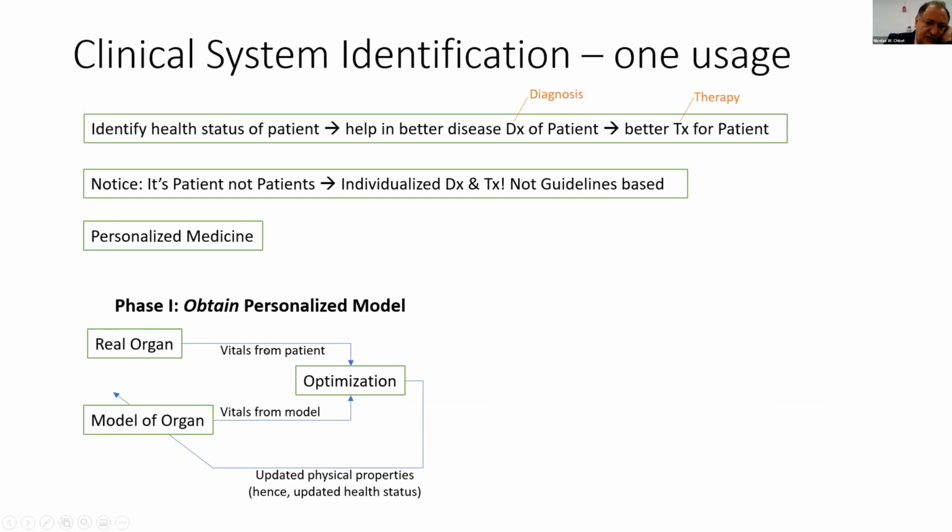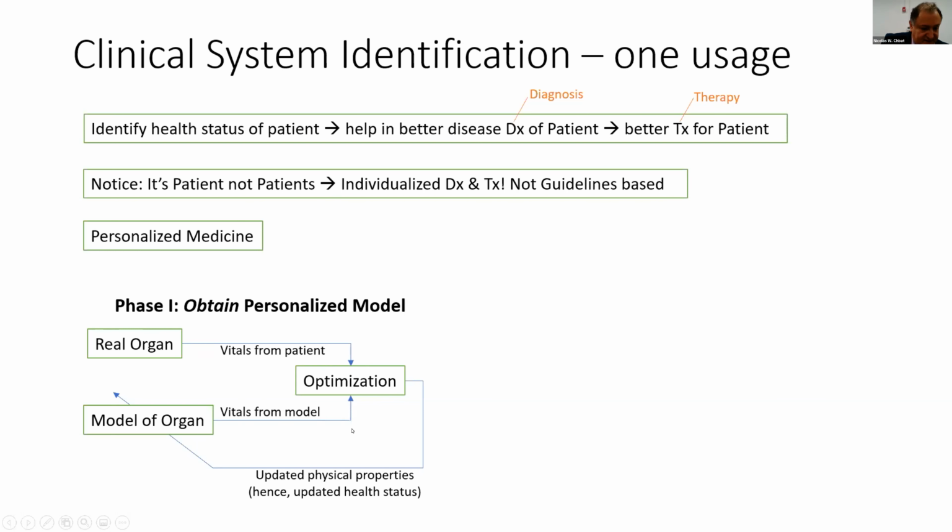So how do you do this? The vitals from a patient and the vitals from a model, so blood pressure from the patient and the model, respiratory rate from the real organ and the model, they both go into an optimization box.